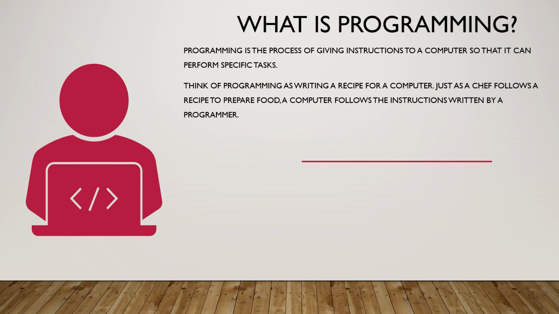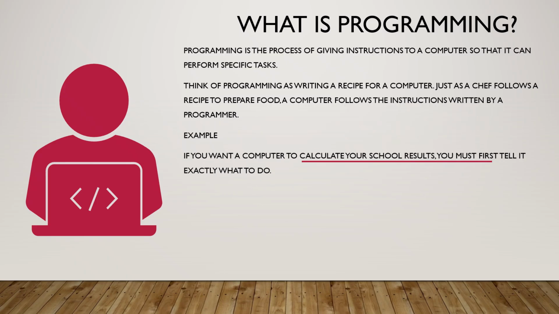A computer follows the instructions written to it by a programmer. A computer is very smart, but it cannot think for itself. It only follows instructions. Those instructions given to it are called programs.